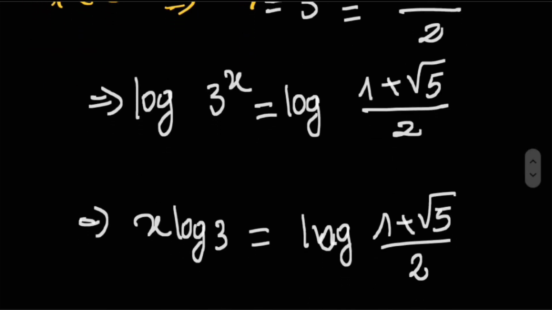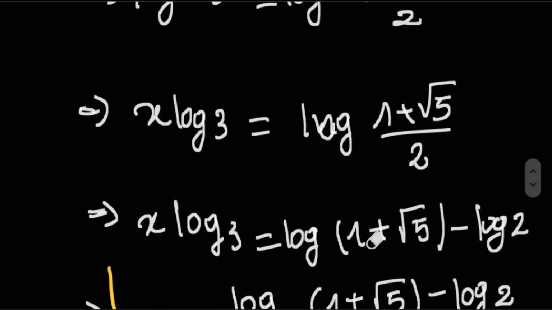So that's why you have x times the log of 3, and the log of a over b is equal to the log of a minus the log of b. So that's why we have this here, log of 1 plus the square root of 5, this is a, minus log of 2, this is b. Since we're looking for the value of x here, we're going to divide both sides by the log of 3.